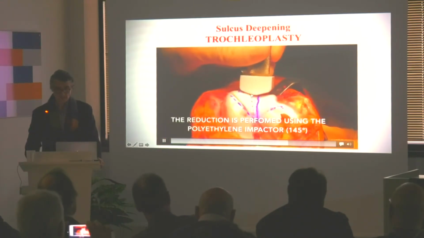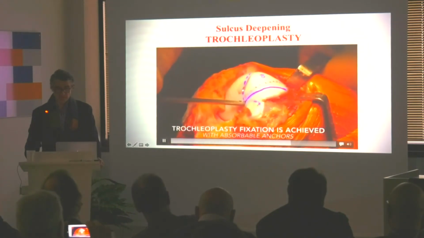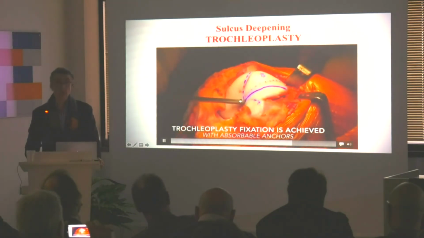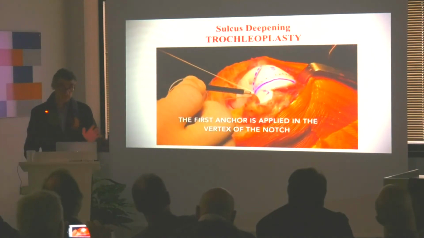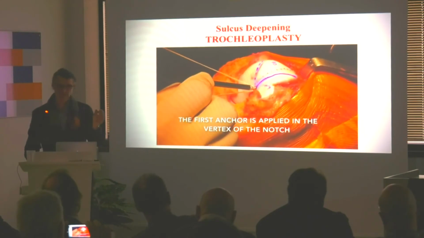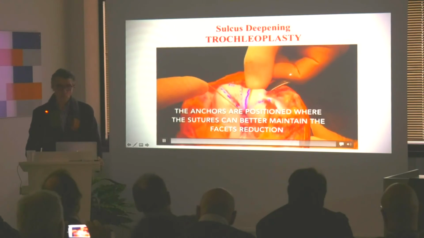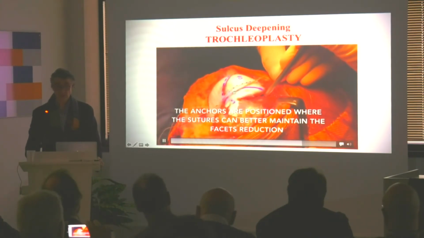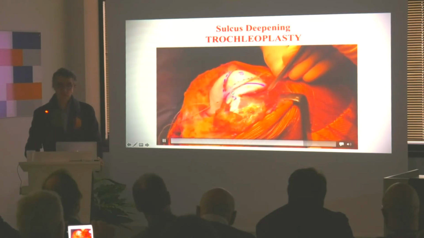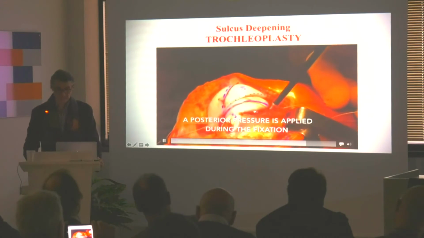Then I use my pusher to correct and make the new trochlea. I put one swivel lock with Vicryl number 2, absorbable suture. I don't like the big tips. And then I put one on the medial and one on the lateral facet, and I can move it a little bit, and I put the anchor where the compression is the best, okay?